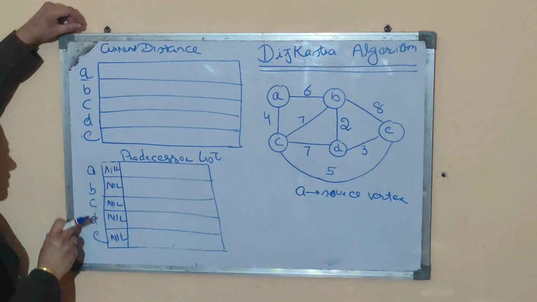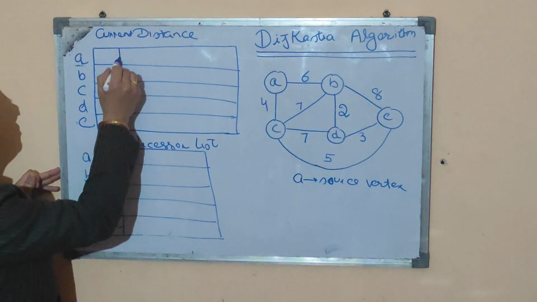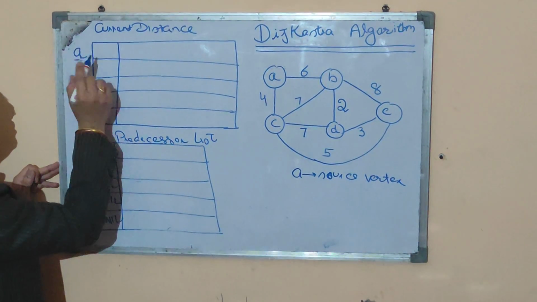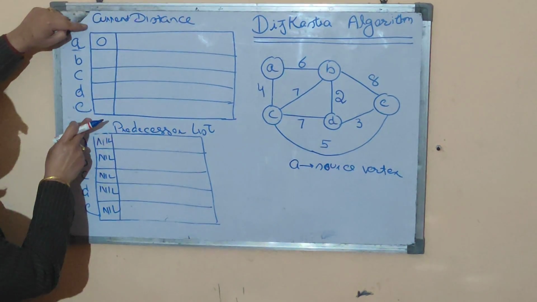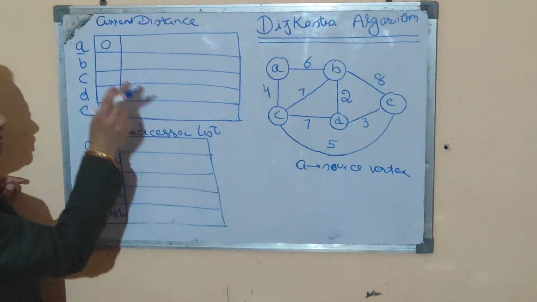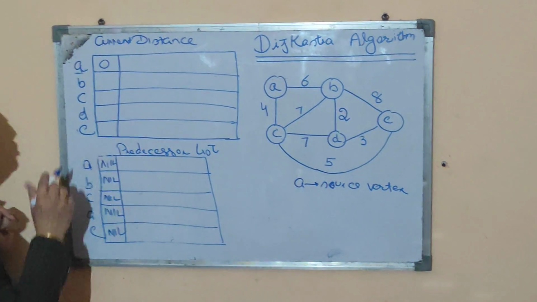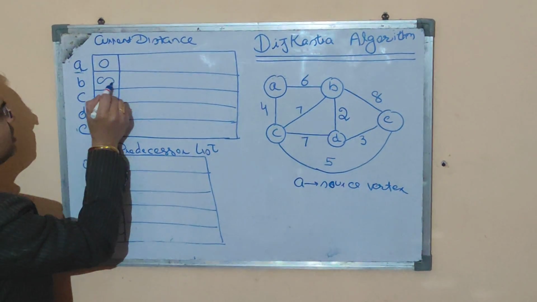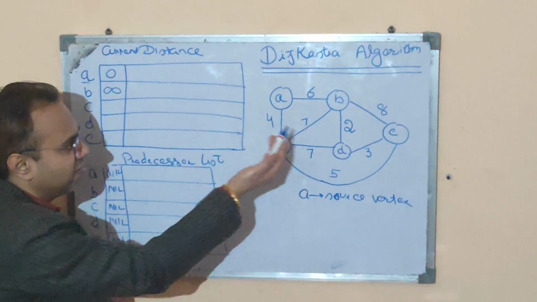We have taken two arrays. Initially, the distance from A to A is 0. This array shows the current distance from A to that particular vertex. So initially the distance from A to A is 0. A to B, the distance is infinite because we have not explored the graph till now.